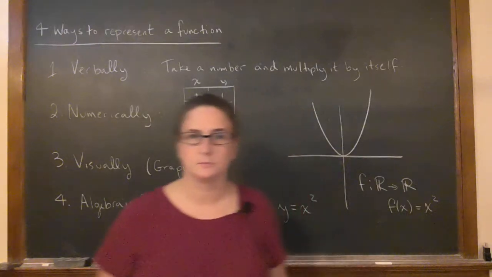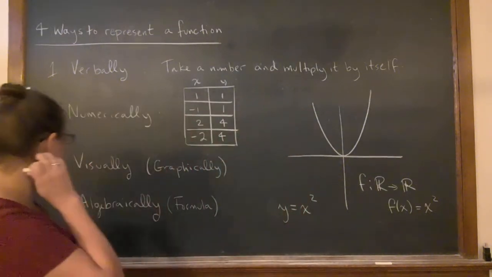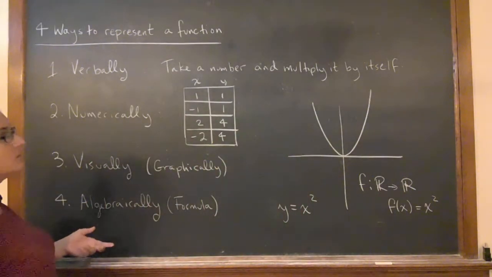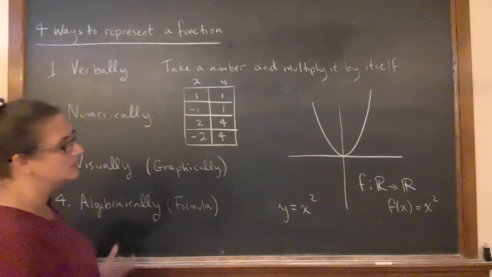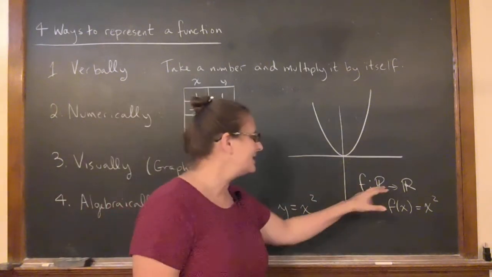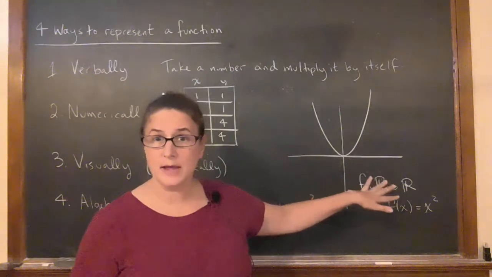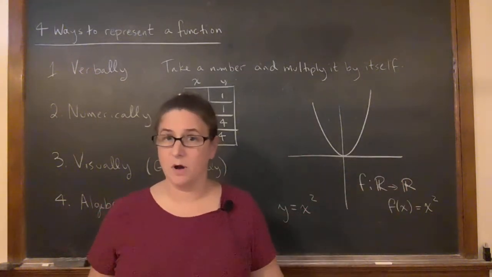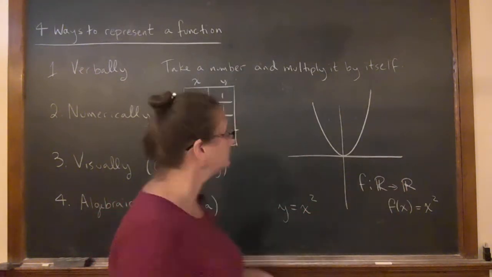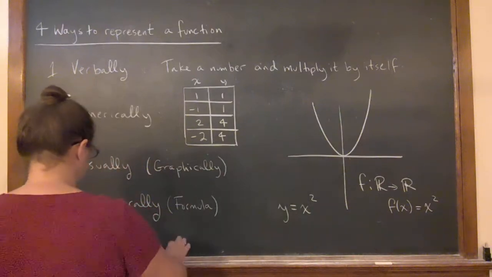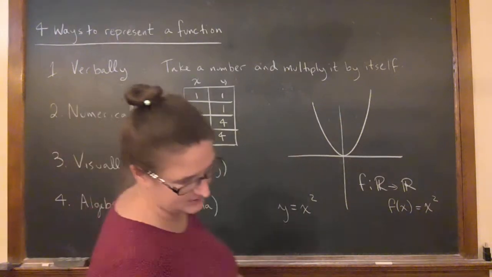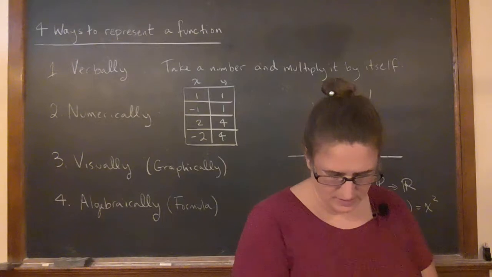So for the most part we will be using these algebraic formulas, with the convention that unless they specifically define a domain, it's going to be the biggest possible domain for the function. Okay. So that's 4 ways to represent a function. And as I said, we will see those.